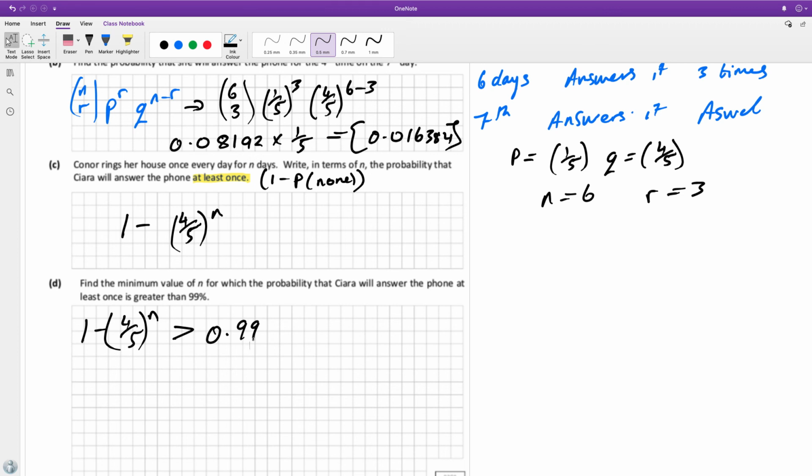Exactly. 1 minus 4 over 5 to the power of n is greater than 0.99. Right, off you go.